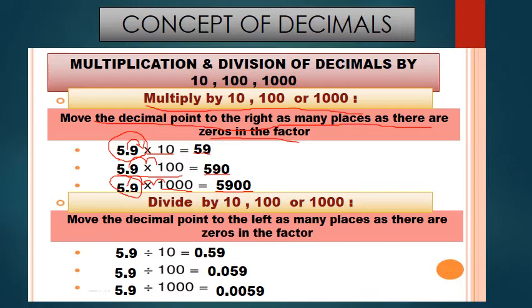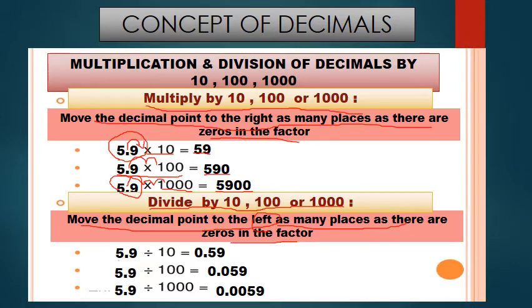Let's move to dividing the decimal numbers by 10, 100 or 1000. When we divide any decimal number by 10, 100 or 1000, we move the decimal point to the left as many places as there are 0s in the factor.